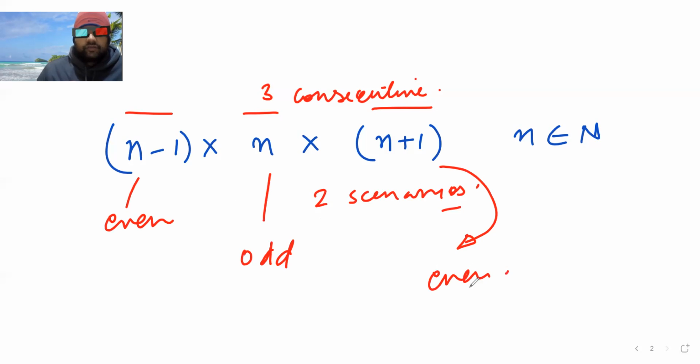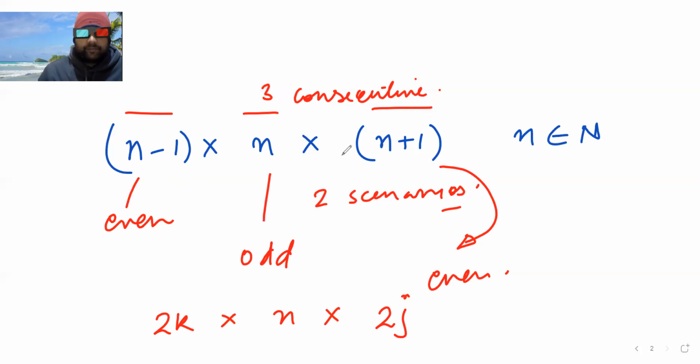So I can easily say that I can write n minus 1 as 2k, and n as n, and n plus 1, again because it's even, I will write as 2j.